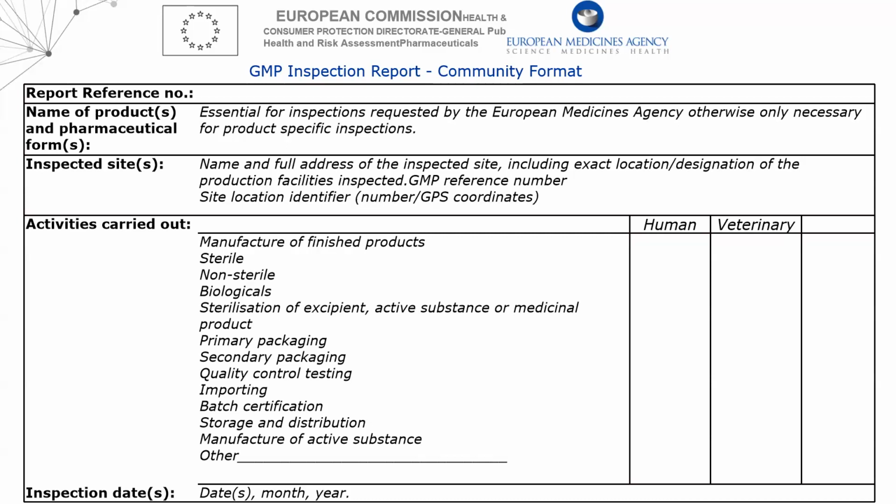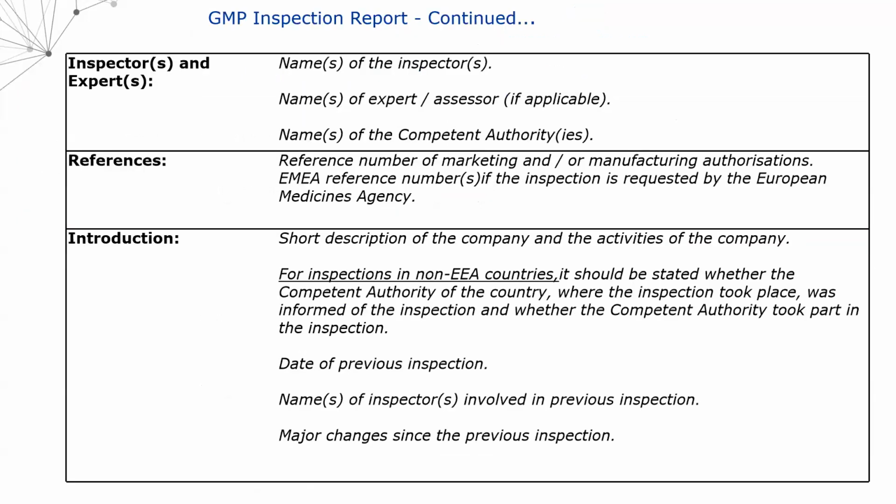And the inspection dates will be given in this section, like when the inspection took place. Then the next section has the inspectors and expert details, like who the inspector is and who the expert or assessor is, if applicable.